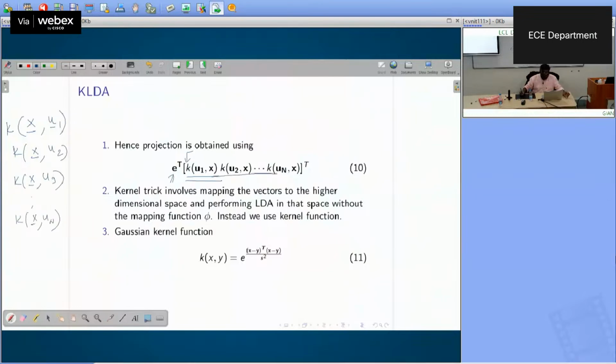These u's are all the training data given to you. We already got this E. Simply do E transpose this vector. You project it to 1D. This is only projecting to 1D.